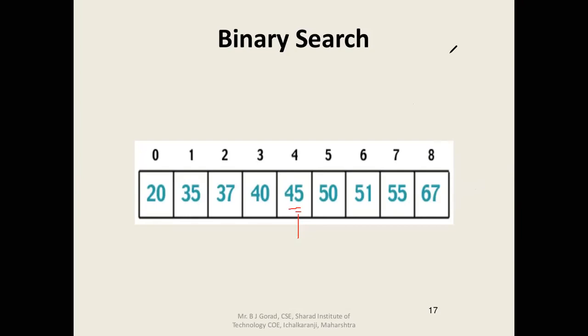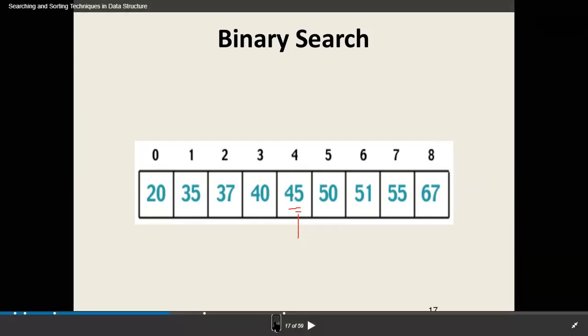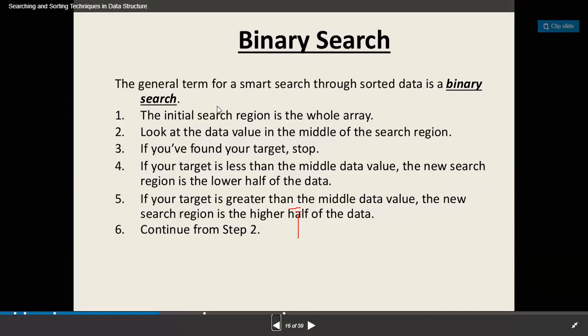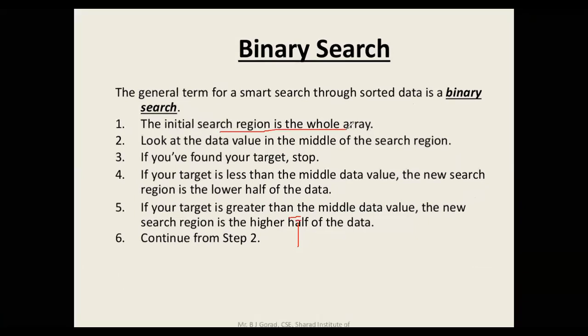So let's go back and see the rules again. The initial search region is the whole array. So initially we start at the middle of the whole array. Now look at the data value in the middle of the search region. So we have compared with 45, right?